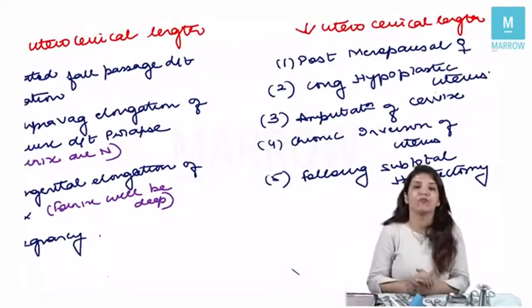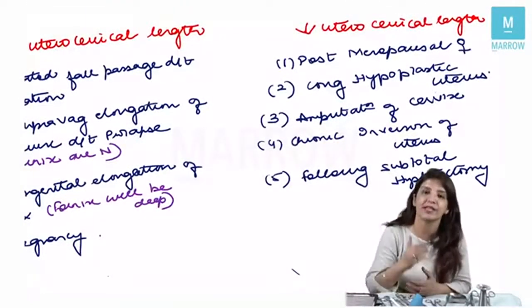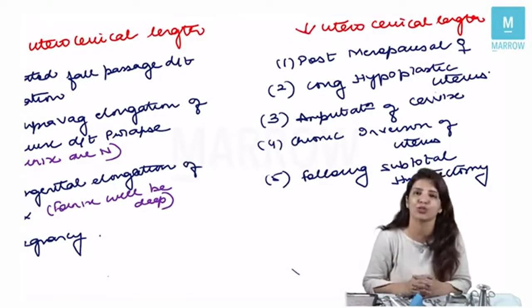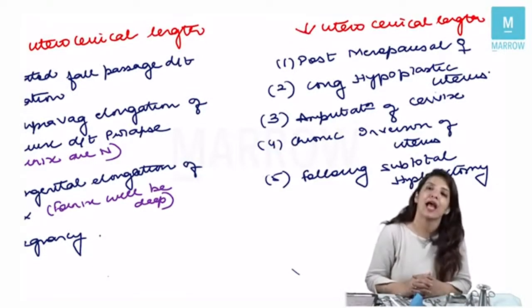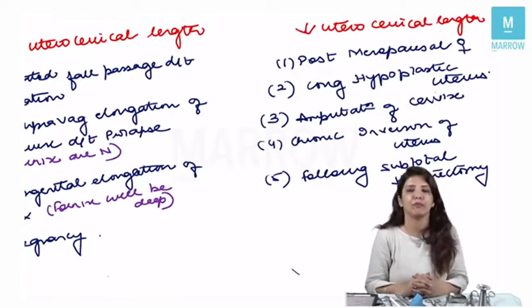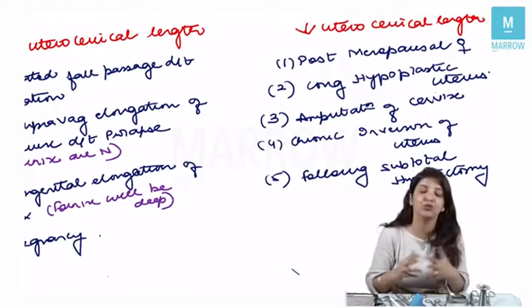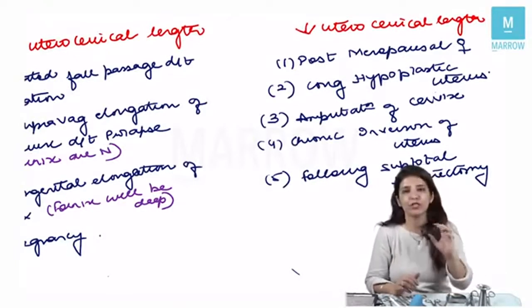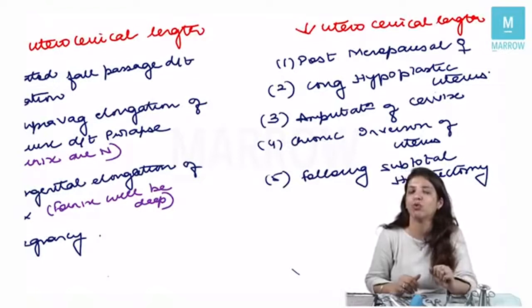Or suppose you have done amputation of the cervix like you do in Fothergill's repair. In Fothergill's repair or Manchester surgery, you do amputation of the cervix, so definitely the uterocervical length will decrease. And in congenital hypoplastic uterus, the uterocervical length will decrease. Right? So these are all the possible questions which can be asked when you hold a uterine sound.